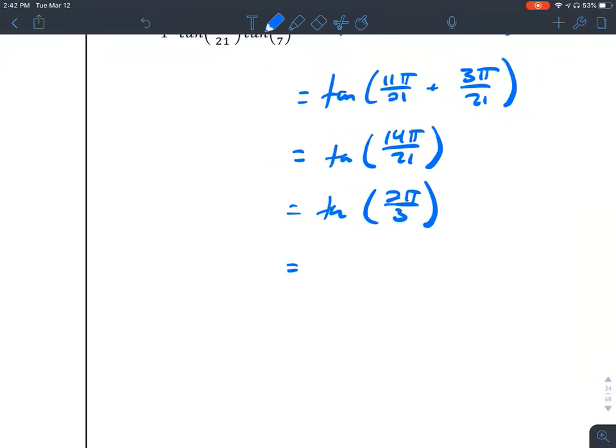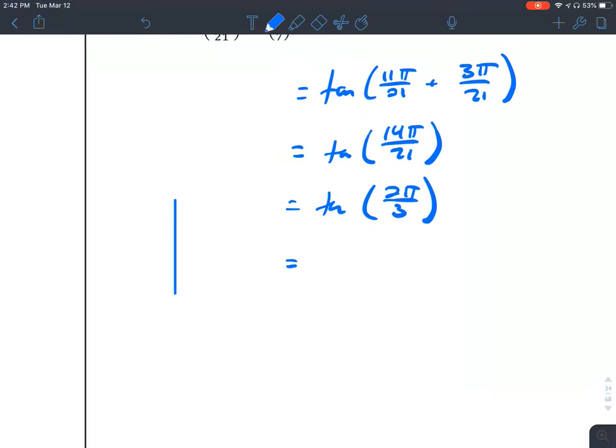Let's figure out what this is. If it's tangent, I don't like to use a unit circle. I still use a special right triangle. This is 2/3 pi. That means this is pi over 3, which means this angle at the top is pi over 6. If it's tangent and not sine or cosine, I like to call the smallest side 1. It's negative because we're in quadrant 2. Opposite of 90 is twice that, but it's positive.